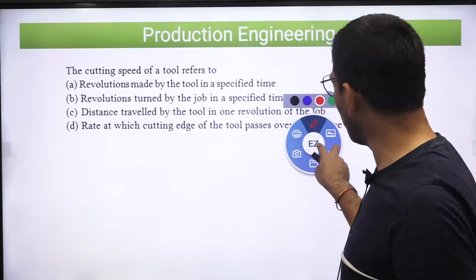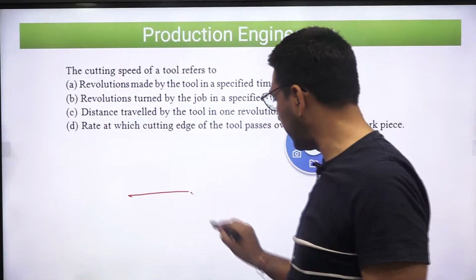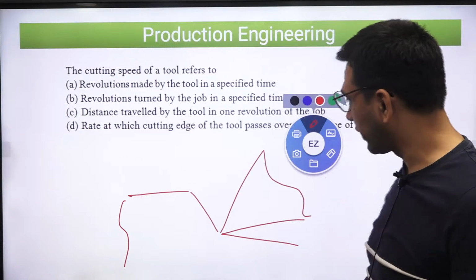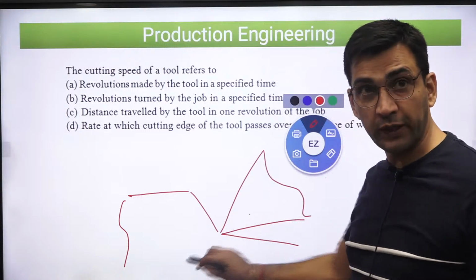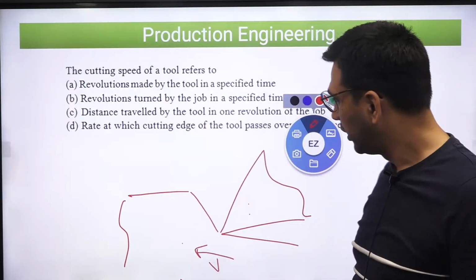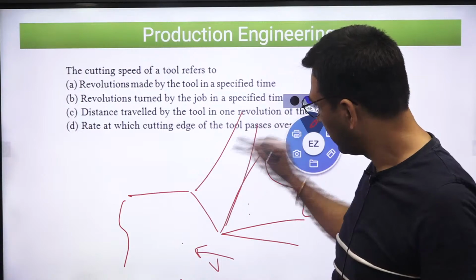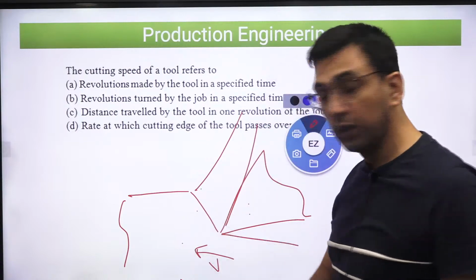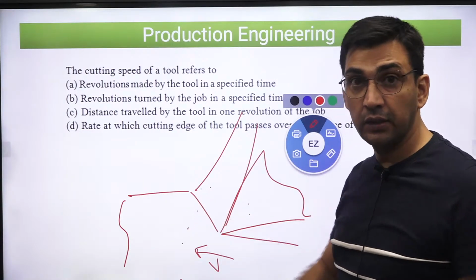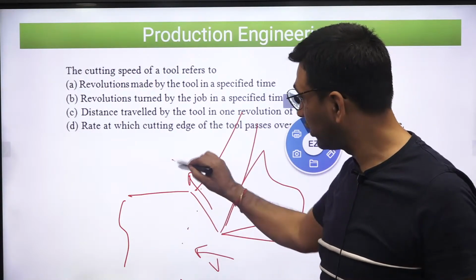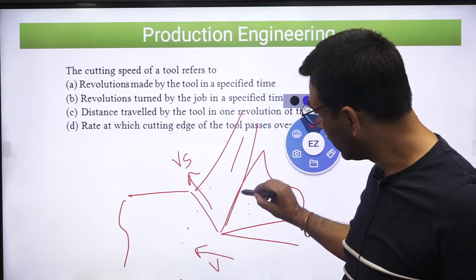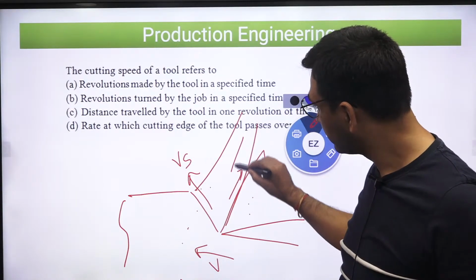For example, take the same simple cutting operation. You have different velocities over there. Velocity of the tool with respect to the workpiece, cutting velocity. Velocity of the chip with respect to the workpiece, shear velocity. Velocity of the chip with respect to the tool, chip velocity.